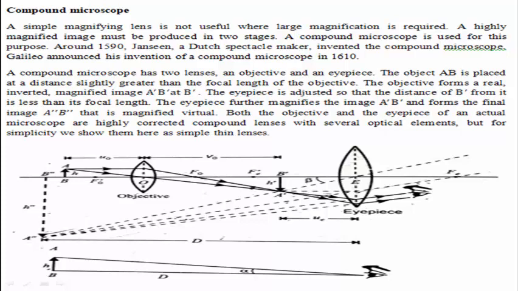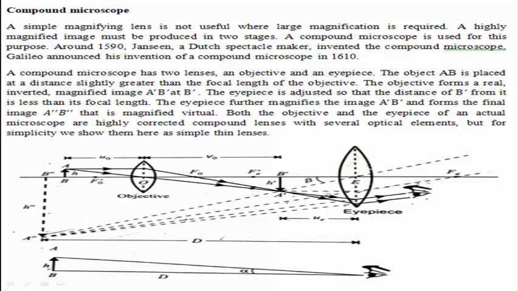Galileo announced his invention of a compound microscope in the year 1610. A compound microscope has two lenses, an objective and an eyepiece. The object AB is placed at a distance slightly greater than the focal length of the objective. The objective forms a real inverted magnified image A'B'.